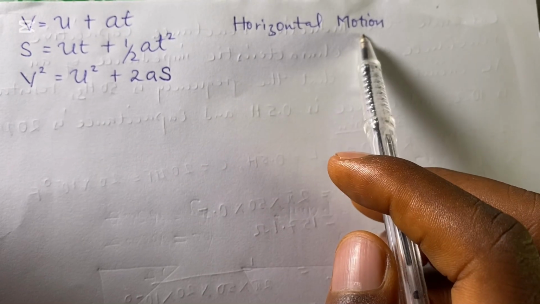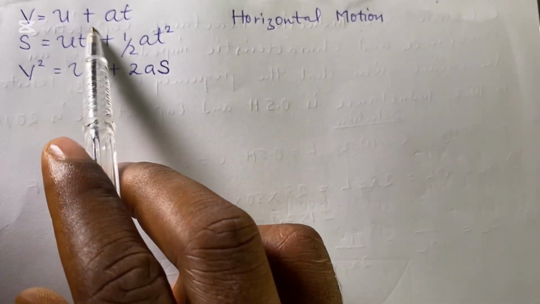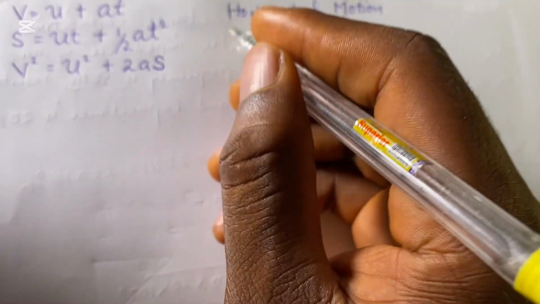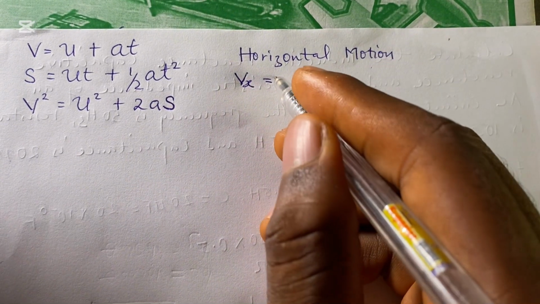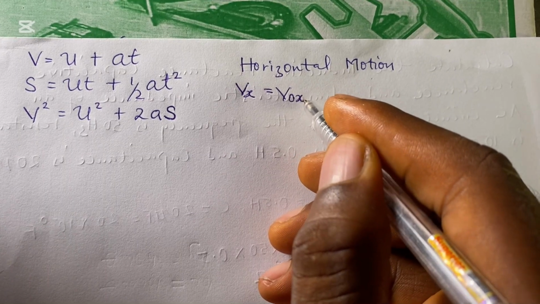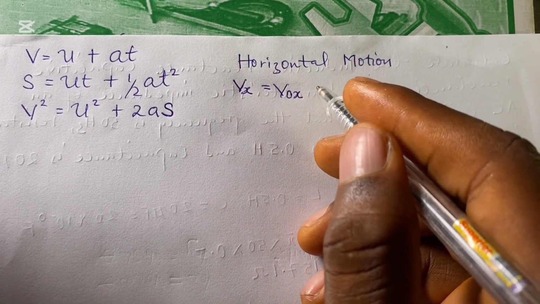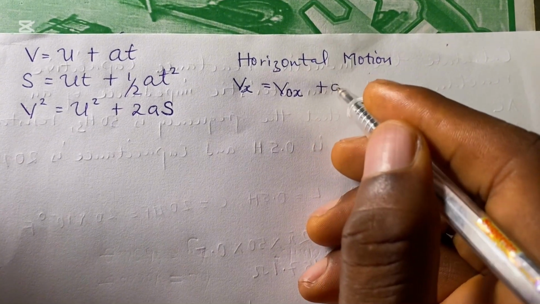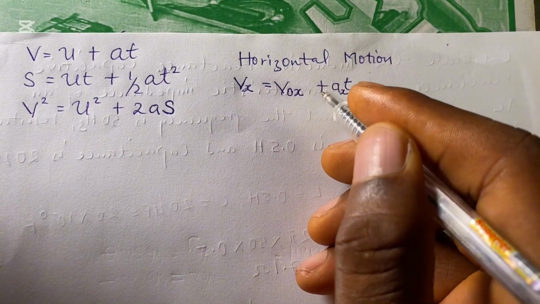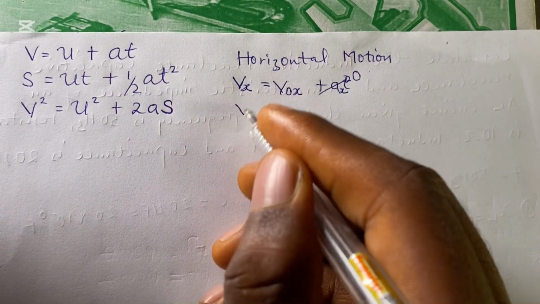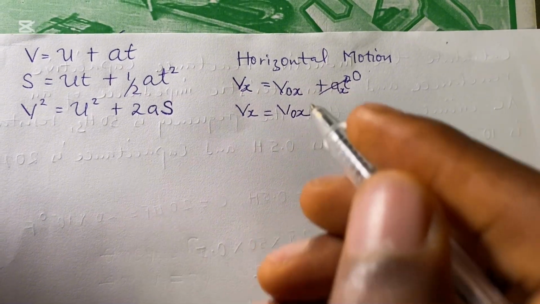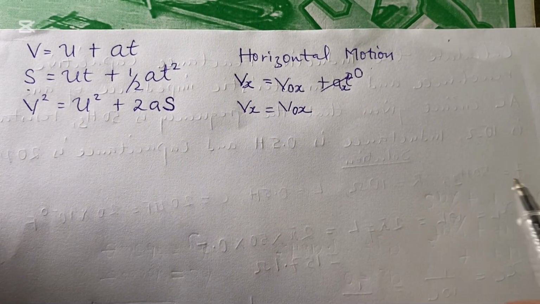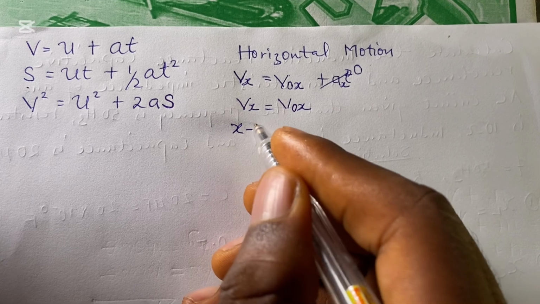In the horizontal motion, which is the x-axis, the first equation has to be v on the x-axis is equal to the initial velocity on the x-axis, v naught x, plus at, but we know that ax on the x-axis is 0, so this becomes vx is equal to v naught x. Now for this change in position on the x-axis, we call it x minus x naught.